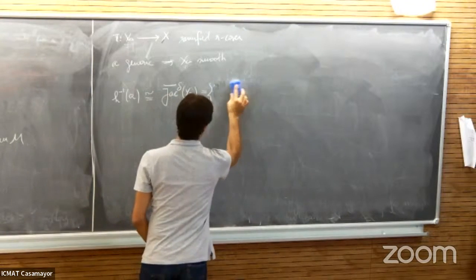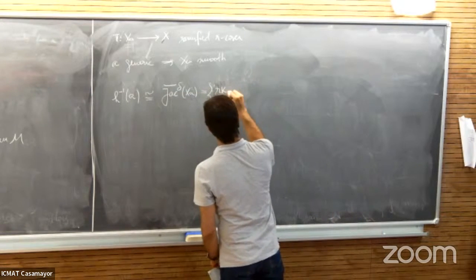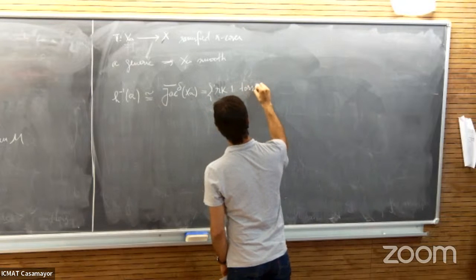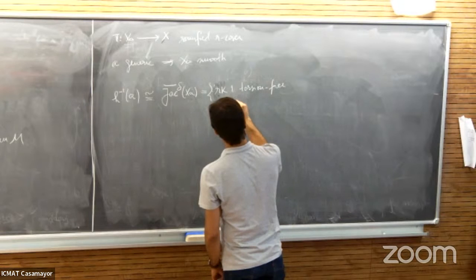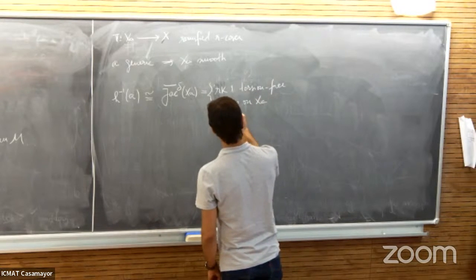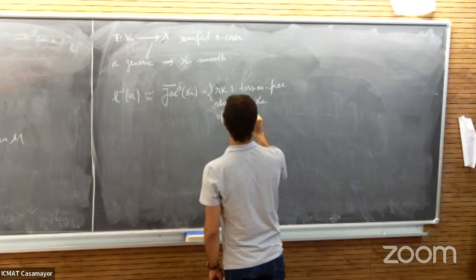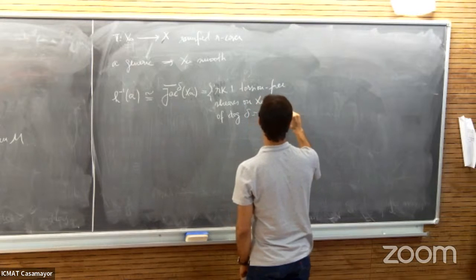Rank 1 torsion free sheaves on X_a of degree delta, and this delta is (r minus 1)(g minus 1).